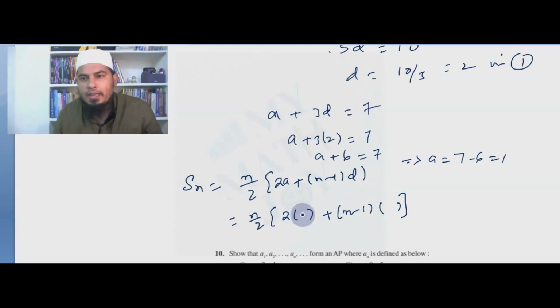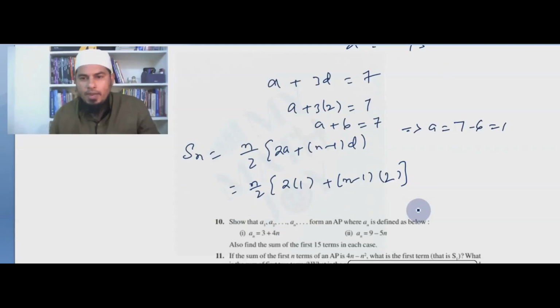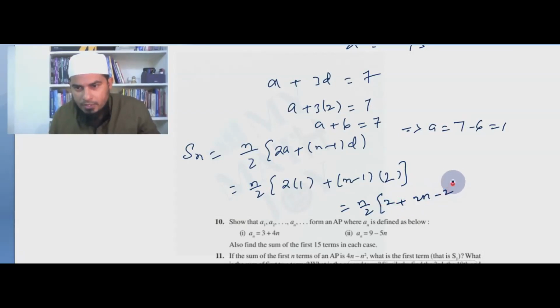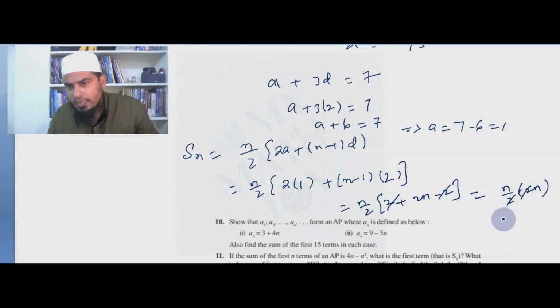A is 1, d is 2. Then what happens when we simplify? You'll get n by 2 into 2 plus 2n minus 2, and we can cancel, so we'll get n by 2 into 2n, because only 2n is there. This 2 and this 2 will get cancelled. You'll get n square, an important answer.